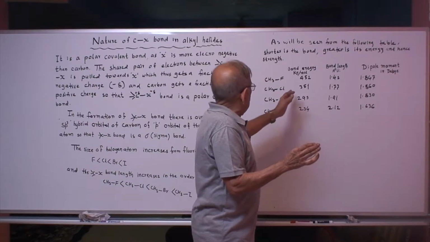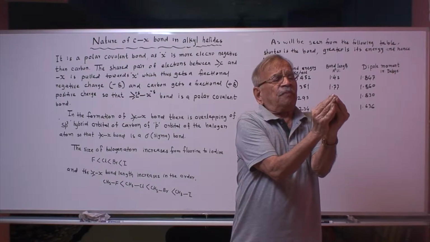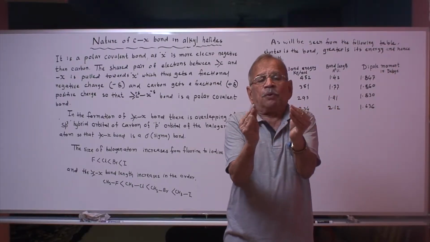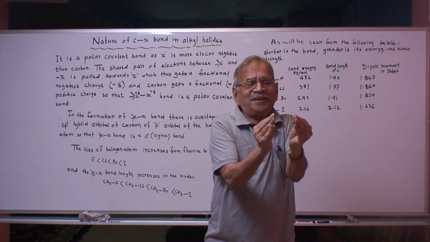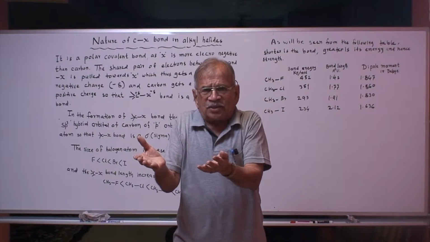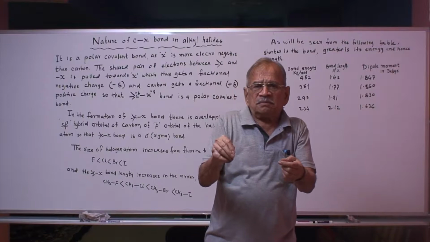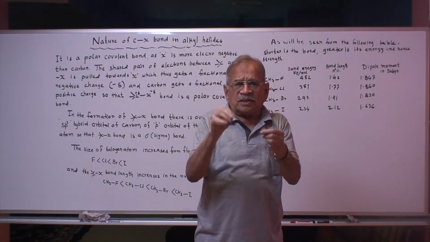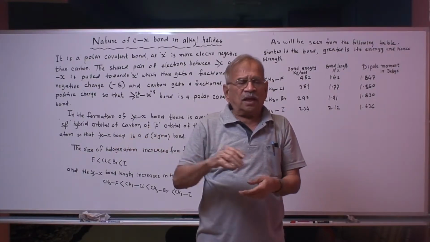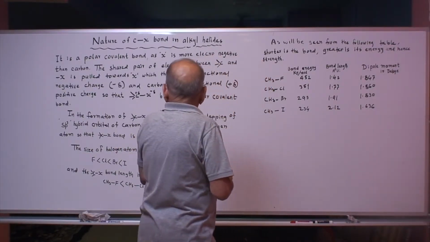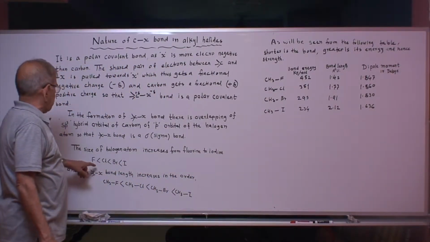fluorine, chlorine, bromine, iodine. This is an exaggeration, I know, but it is just to get into the fact that the fluorine atom has the smallest size and the iodine atom has the largest size, so the size of the halogen atom increases from fluorine to iodine.